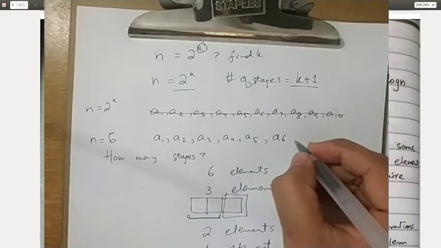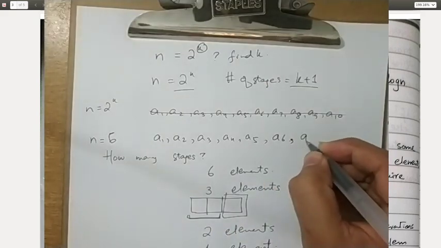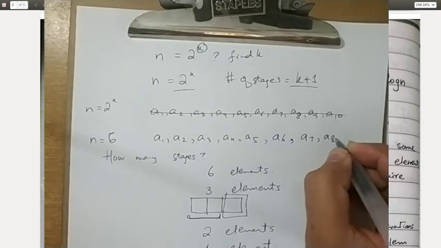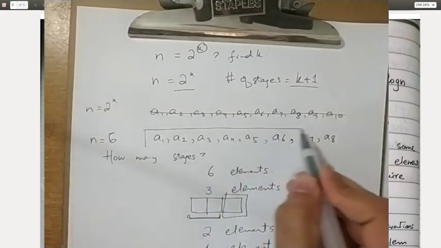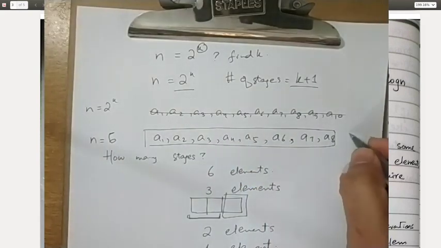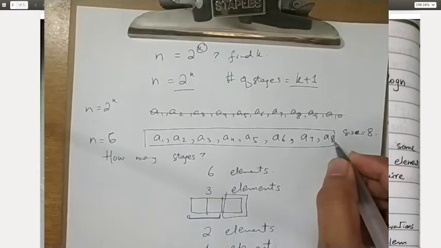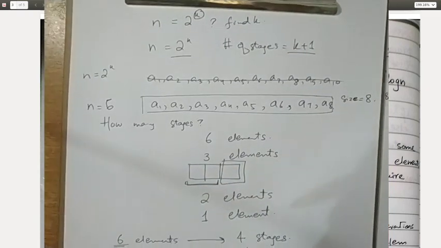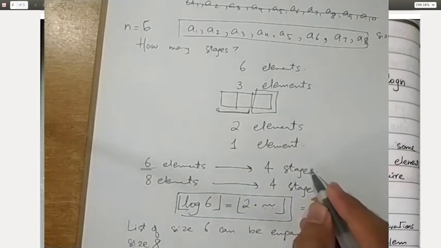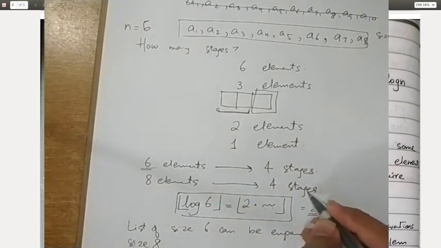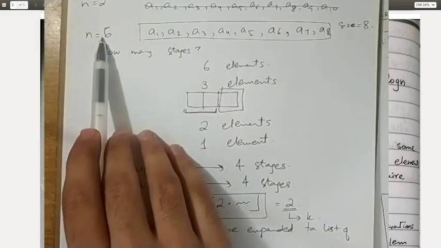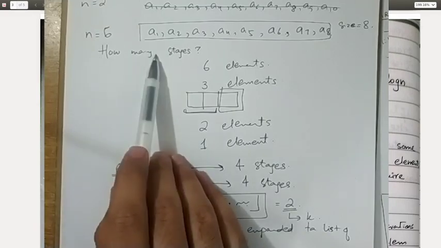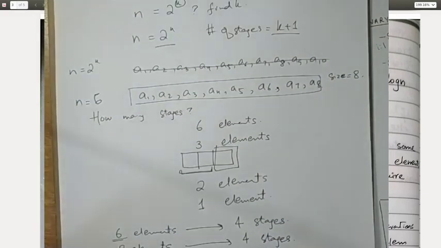If I just add 2 dummy elements over here, A7 and A8, then what I have is now a list that is of size 8. I have made it larger. Even though I went from 6 elements to 8 elements, my number of stages did not change. So whenever you have a size that is not a power of 2, you can go to the next power of 2.